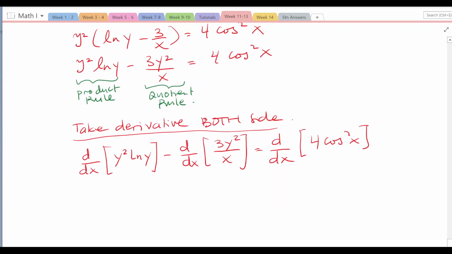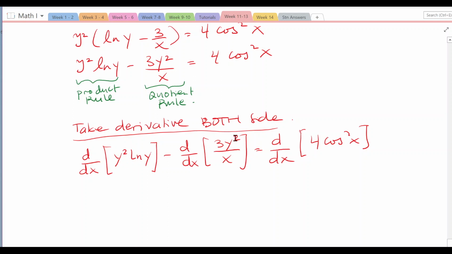So as mentioned, the first term here is a product rule, so we have to apply the product rule accordingly. Use the rule for multiplication of differentiation in order to get the derivative. You can take the derivative of the first term or the second term, it's up to you, and then plus the derivative of the other term times the first.